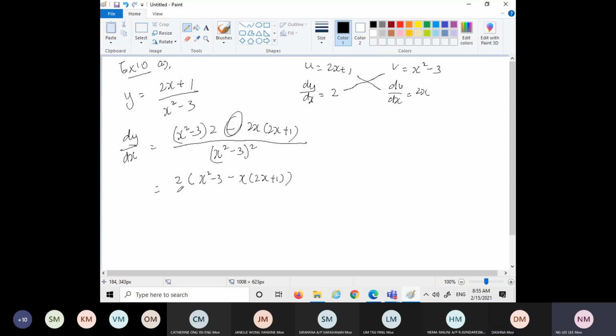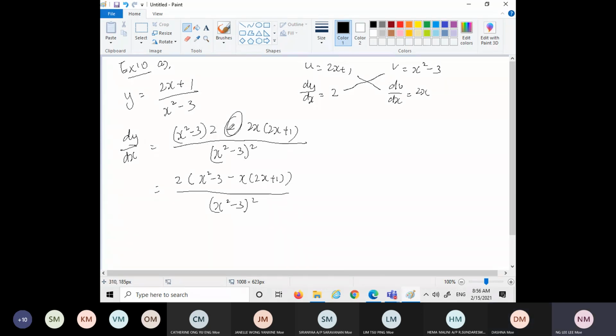Teacher, I'm not sure, but x squared minus 3 is above and also below. Can we cancel? No, because here it doesn't have it. Unless you take it out already for both, then only you can cut. Because in between is minus.